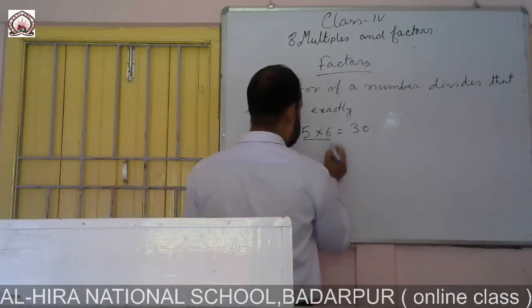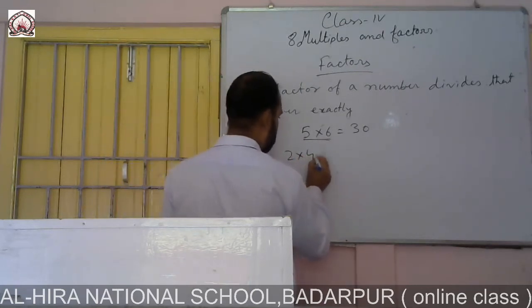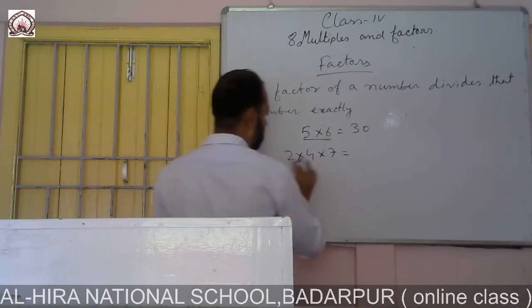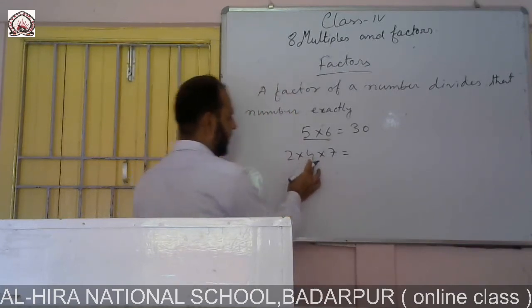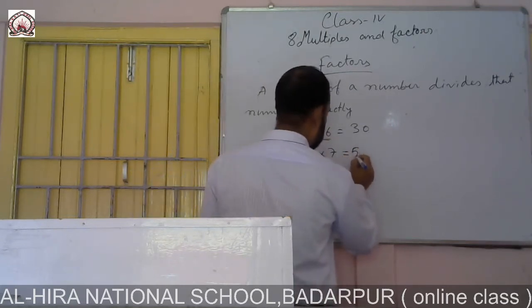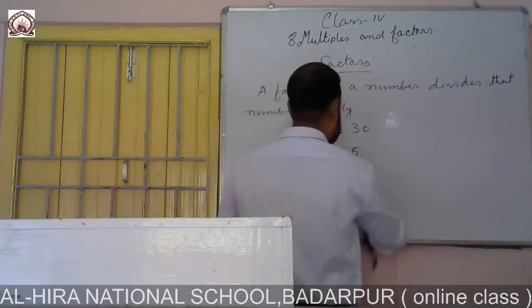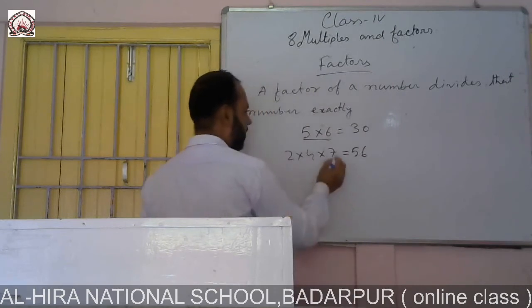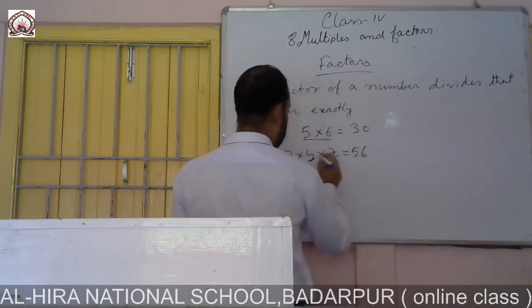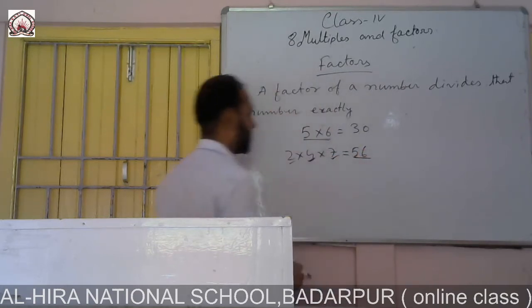Or 2 into 4 into 7. 2 4s are 8, and 8 7s are 56. So here 2, 4 and 7 are the factors of 56.